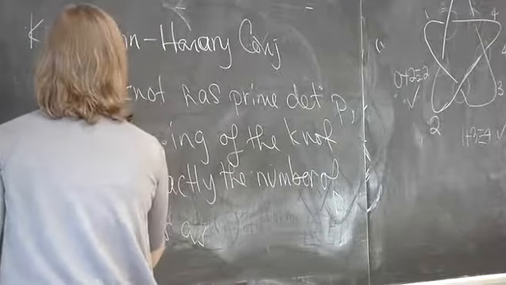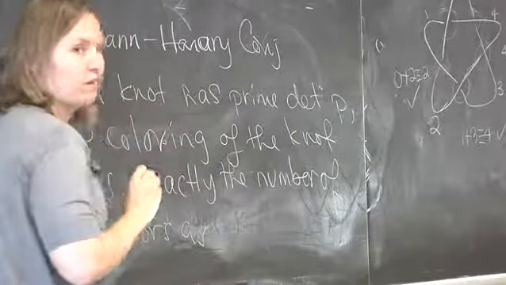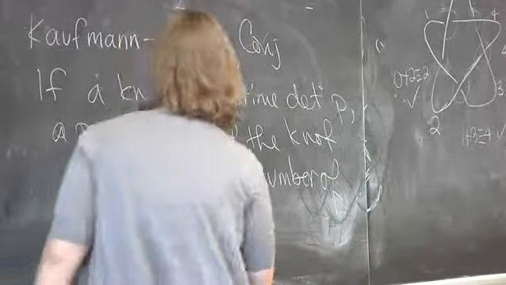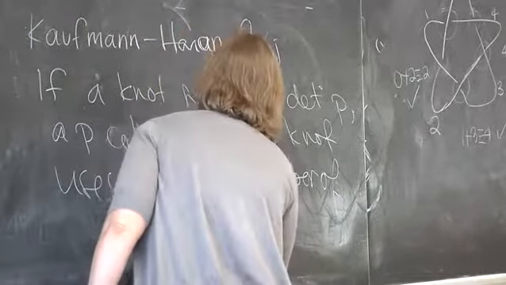Thanks, David. That was David, right? A P coloring of the knot uses exactly the number of colors as crossings.